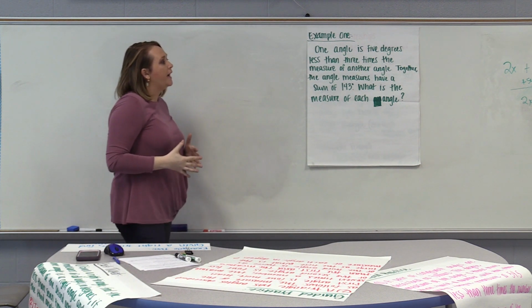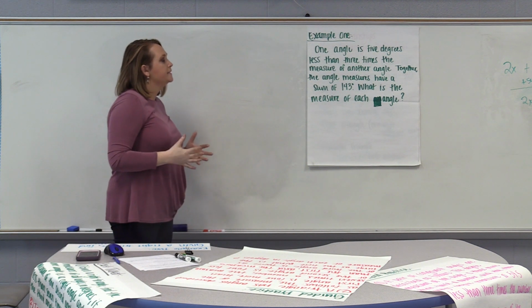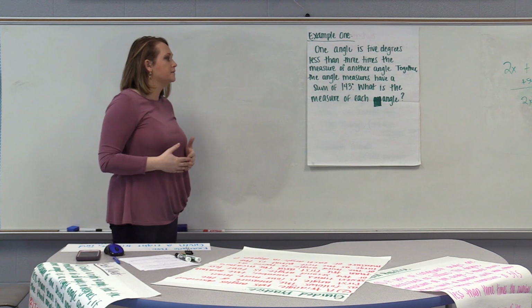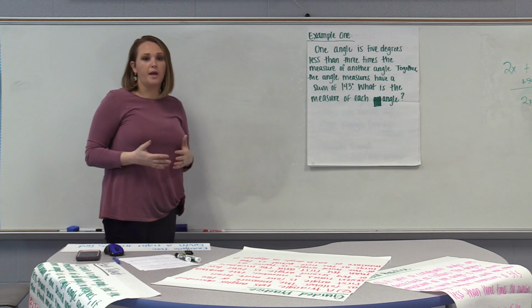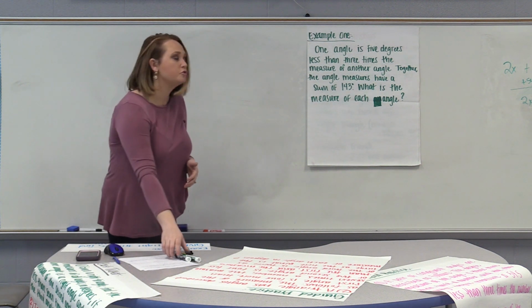One angle is 5 degrees less than 3 times the measure of another angle. Together, the angle measures have a sum of 143 degrees. What is the measure of each angle? Don't forget to draw diagrams to help represent the situation.